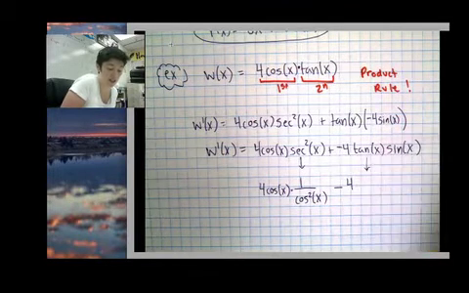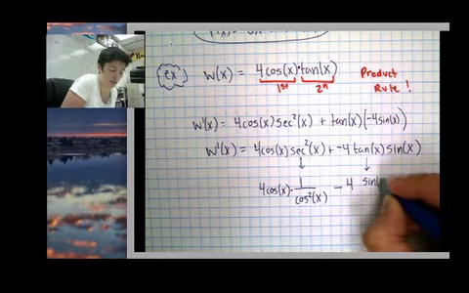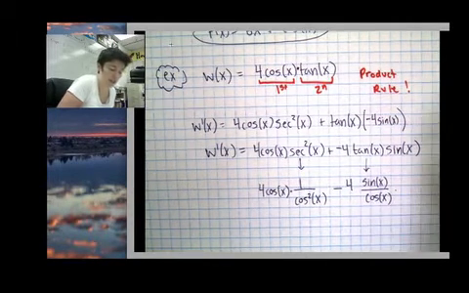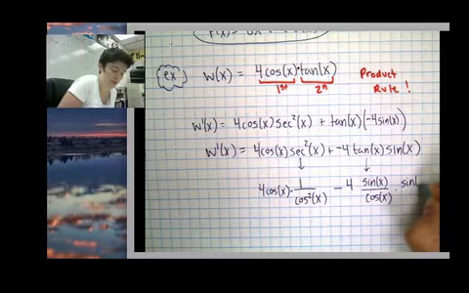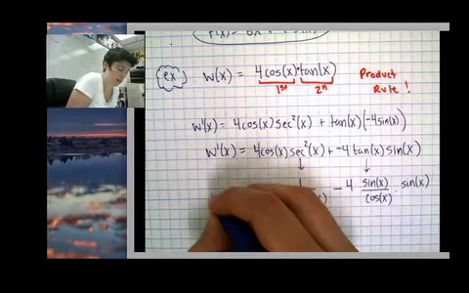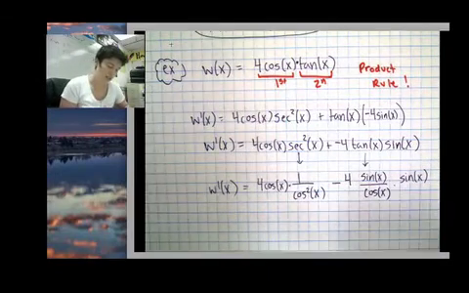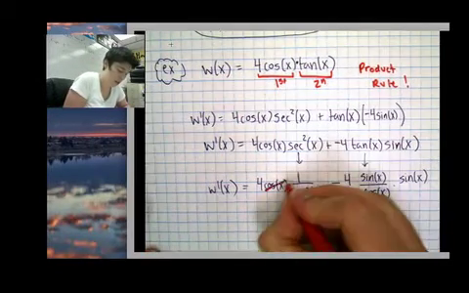Tangent is really the same as sine over cosine, so sine over cosine times the sine of x equals w prime of x. And you could cancel, the really only things that are going to cancel is the cosine and one of these.